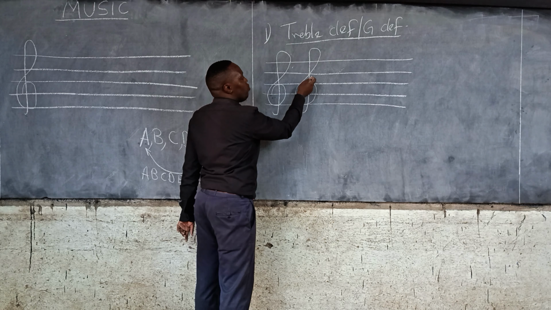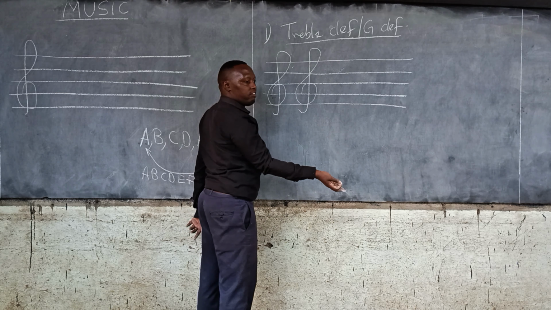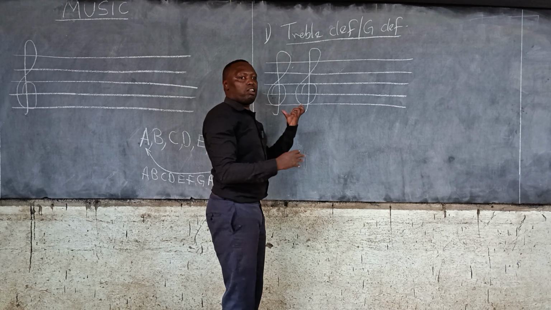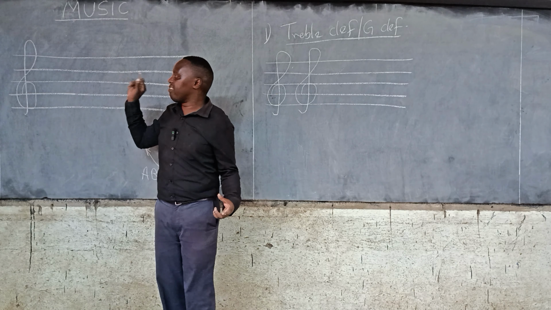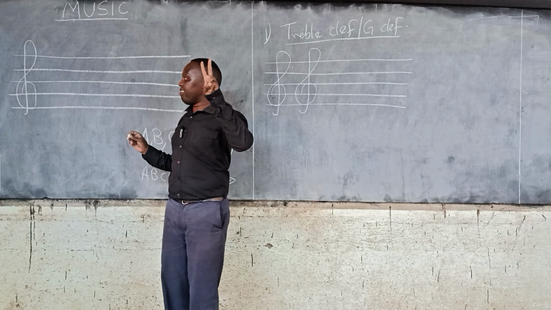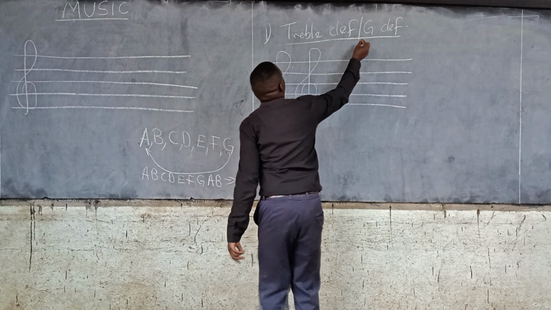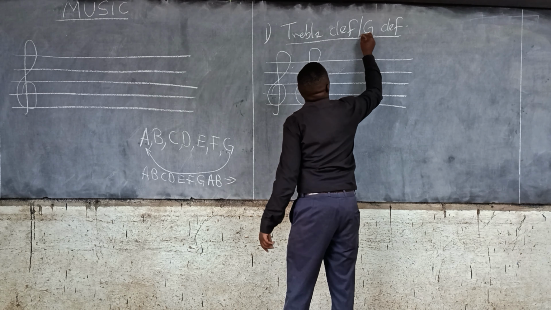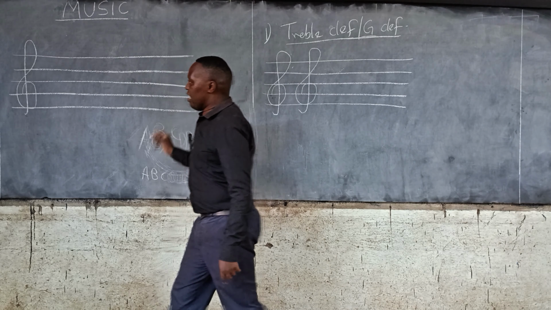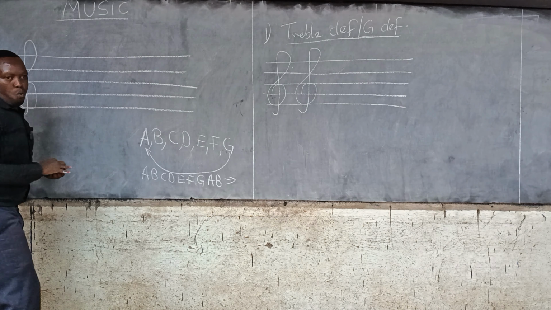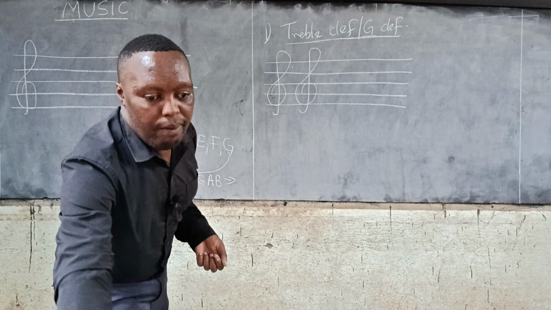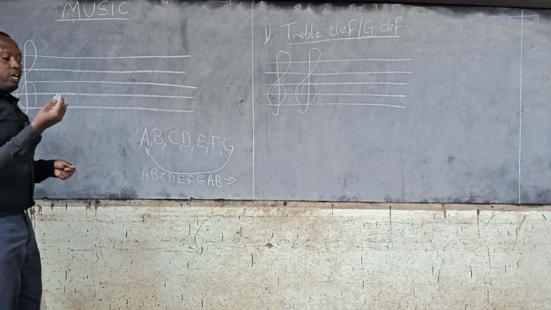Here, 1, 2. Here, 1, 2. And there is no other place. So the most touched part is line 2. So our line 2 will be the letter that is the other name for treble clef. That is G. So our line 2 will be G.